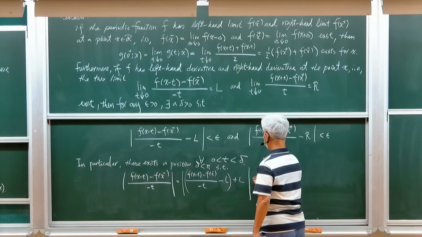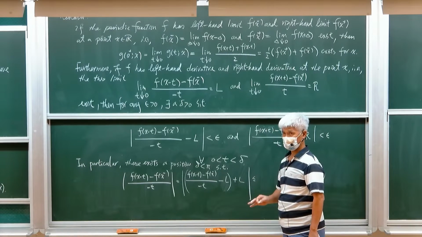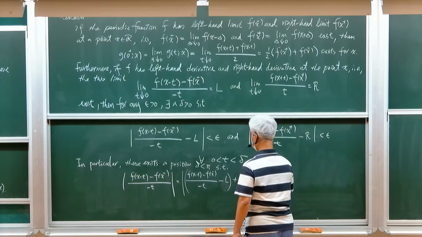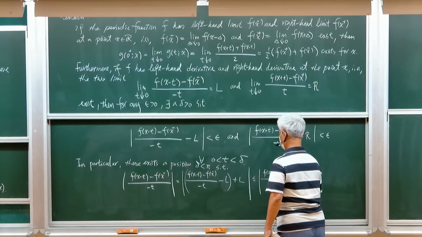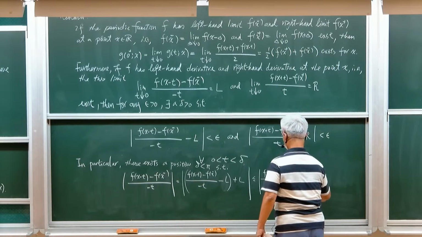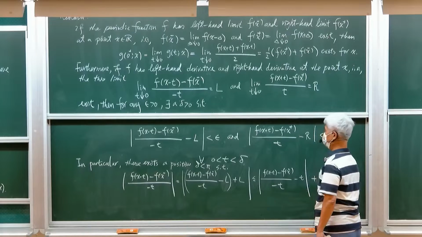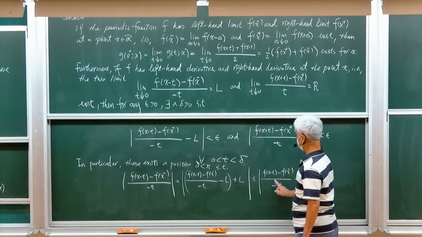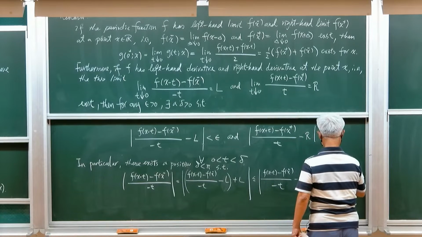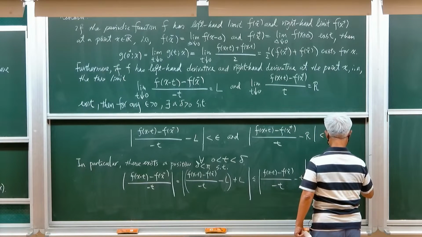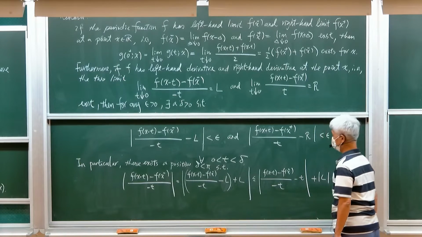So by the triangular inequality, you have the ratio at minus t plus L, but the absolute value of the difference is less than epsilon.